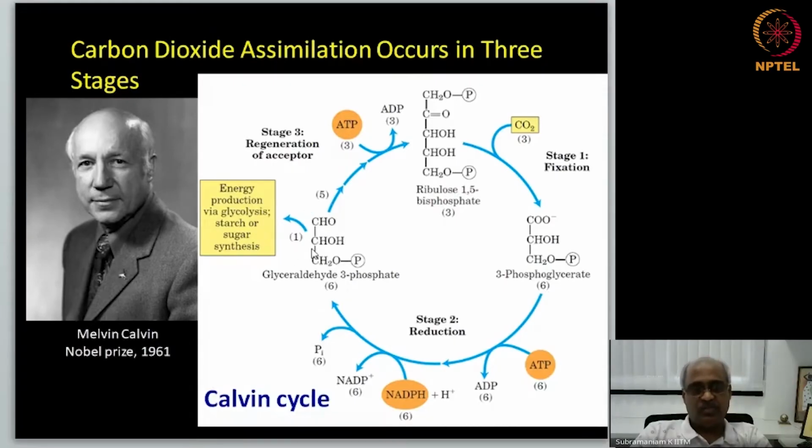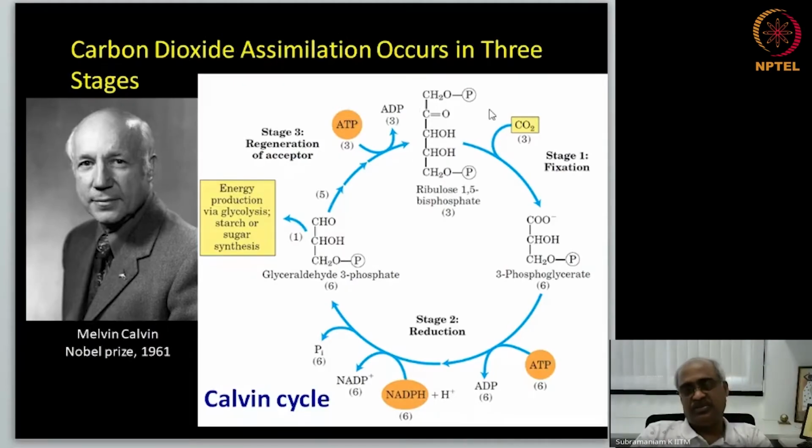Out of the 6, 1 is the net gain, balancing the 3 carbons that entered in the form of carbon dioxide. And the other 5 are converted into 3 five-carbon sugars, this ribulose 1,5-bisphosphate, that is the entry. And that regeneration requires ATP. Okay, for every molecule of ribulose produced, you have 1 ATP hydrolyzed. Therefore, for 3 of them, 3 ATP.